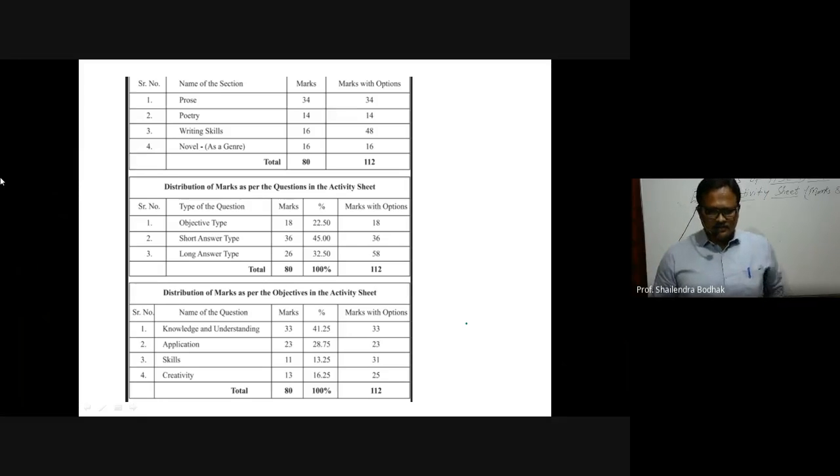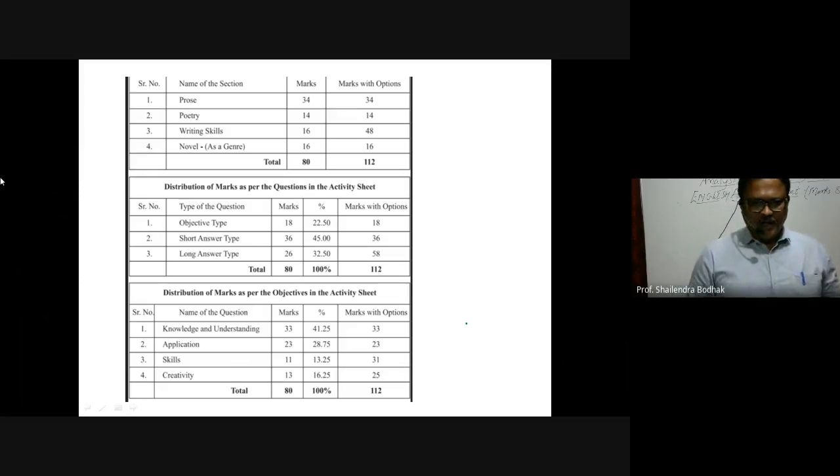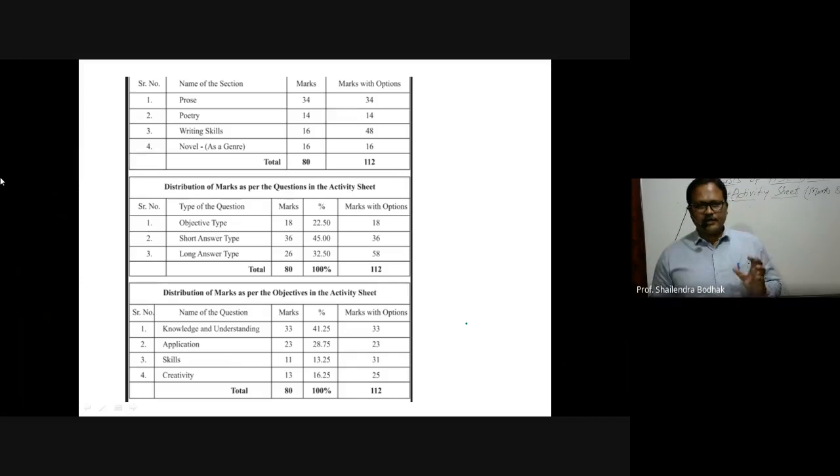Then below that, they have given distribution of marks as per the questions in the activity sheet. The type of questions, objective type questions will be for 18, short answer type will be for 36 marks, long answer type will be of 26 marks. So the tables are given as to how that activity sheet of English has been distributed.